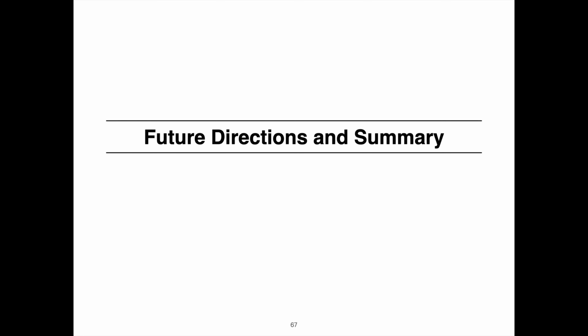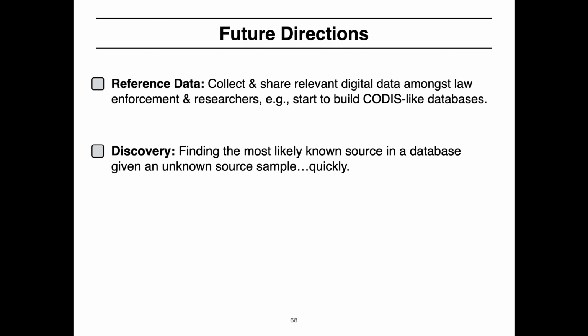Okay, so briefly, some future directions and a summary of what I presented today. I think there are two primary areas for future work. The first, we need to start collecting and sharing relevant digital data amongst both law enforcement and researchers. For example, we want to build a CODIS-like database for digital event data. This will facilitate research and make it easier to baseline methods and compare them.